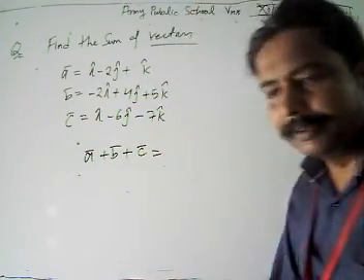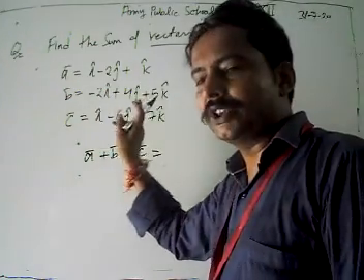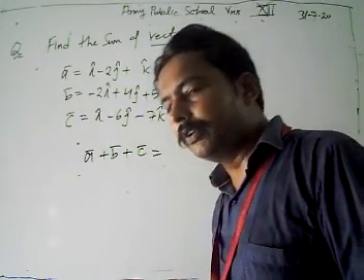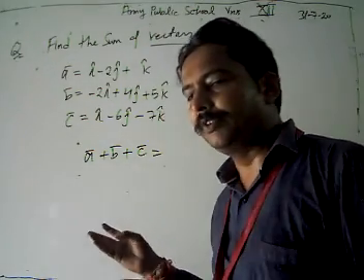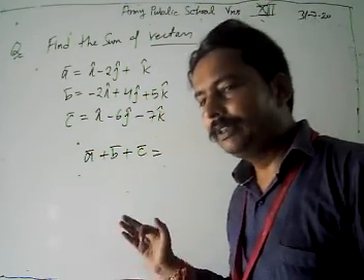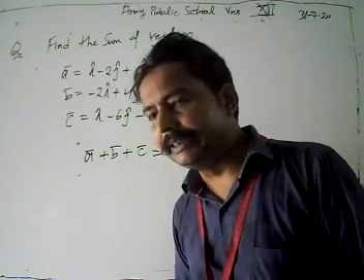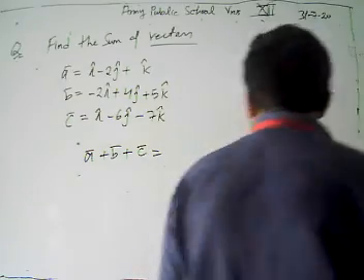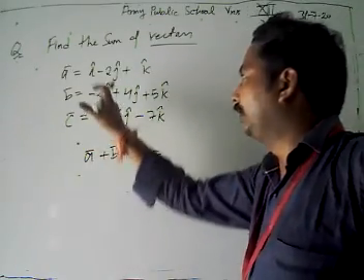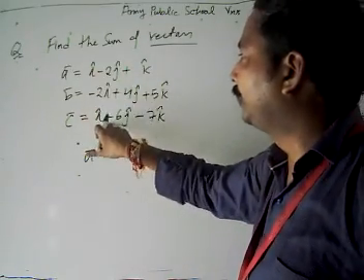Now look, we have x1 y1 z1, x2 y2 z2, x3 y3 z3. When we find the sum of the vectors, we have (x1 plus x2 plus x3) i cap plus (y1 plus y2 plus y3) j cap plus (z1 plus z2 plus z3) k cap. First of all, we add the i cap values.